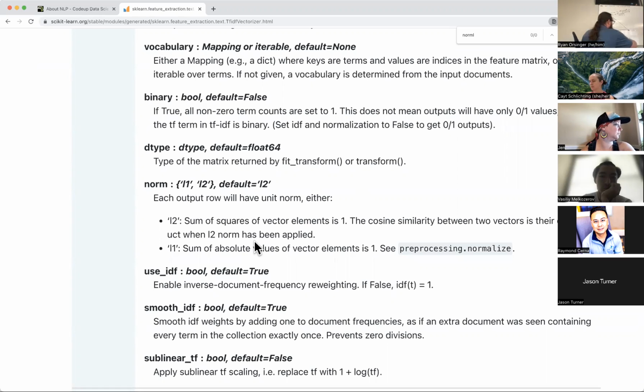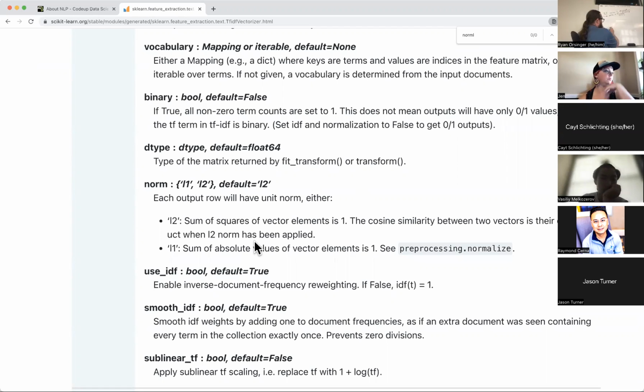There's also this concept, and it's not part of this vectorizer, but it's part of NLP in general, called the Levenshtein distance. So if we had the word Blanco road, and we had a misspelling of Blanco road, so let's say these are all lists of characters, the Levenshtein distance between those two strings is 1.